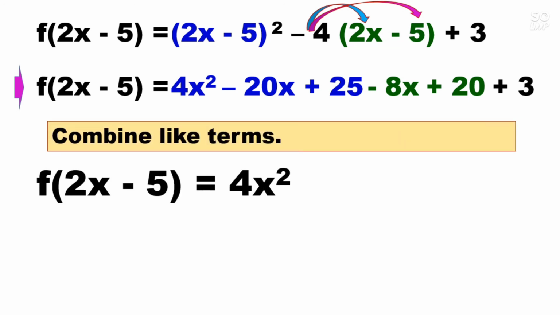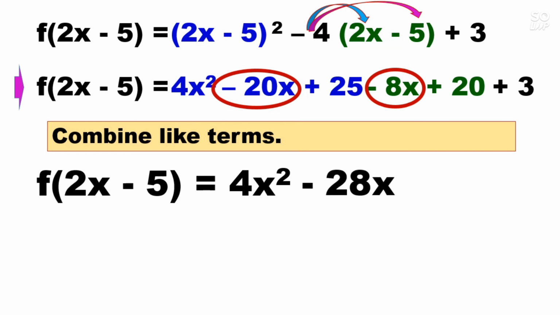So, now we have f of 2x minus 5 equals 4x squared. And we combine negative 20x and negative 8x since pareho sila ng variable. Okay, same variable with the same exponent. So, negative 20x plus negative 8x, the answer is negative 28x.